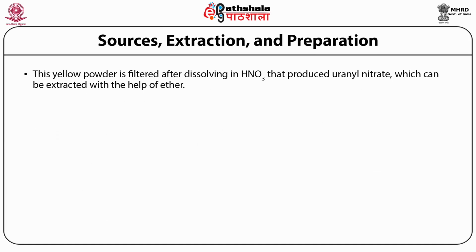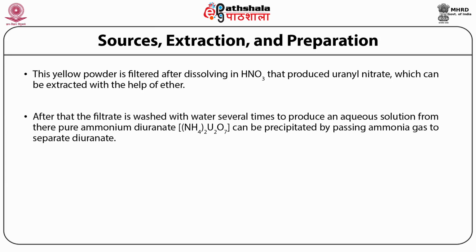This yellow powder is filtered after dissolving in nitric acid, which produces uranyl nitrate, which can be extracted with the help of ether. After that, the filtrate is washed with water several times to produce an aqueous solution.